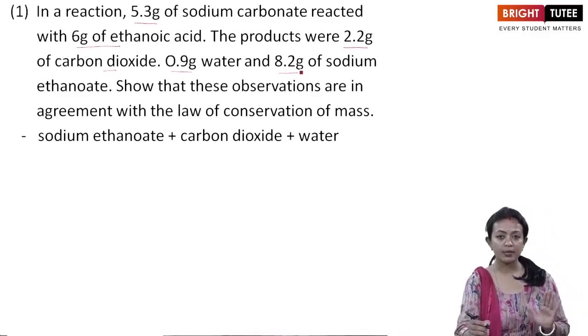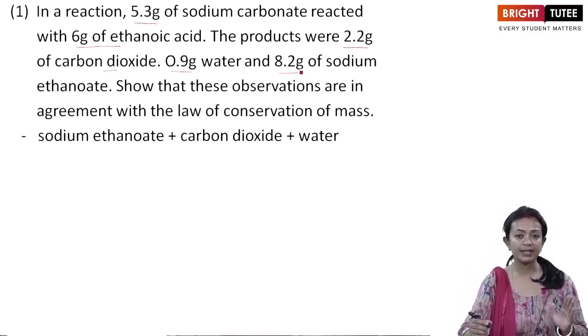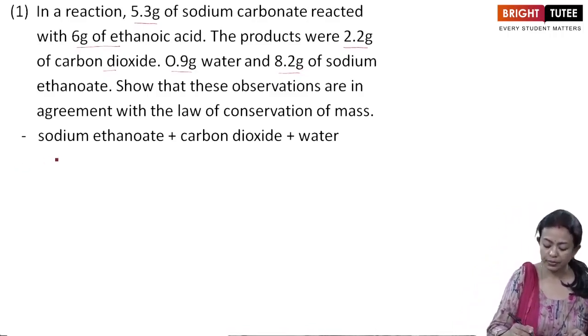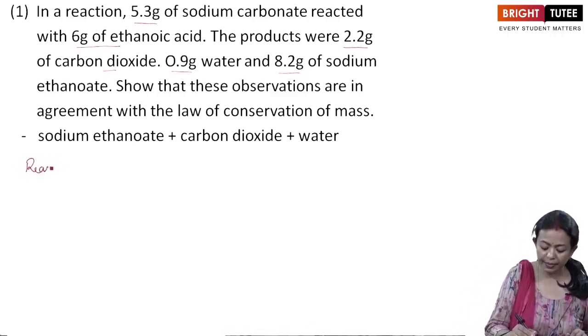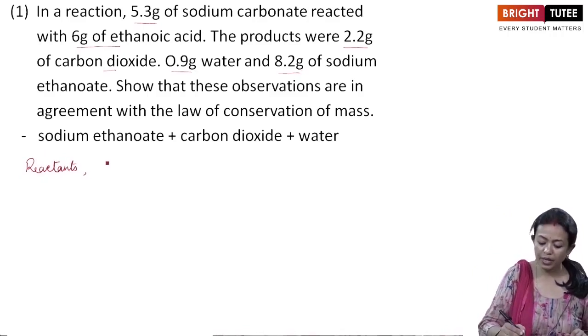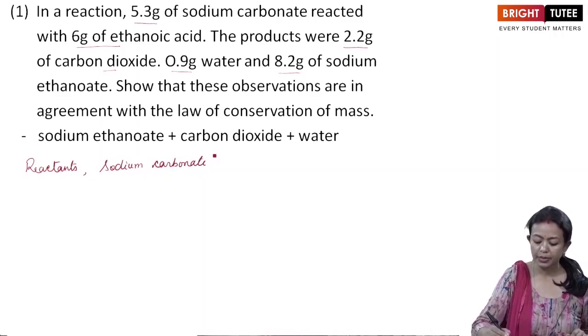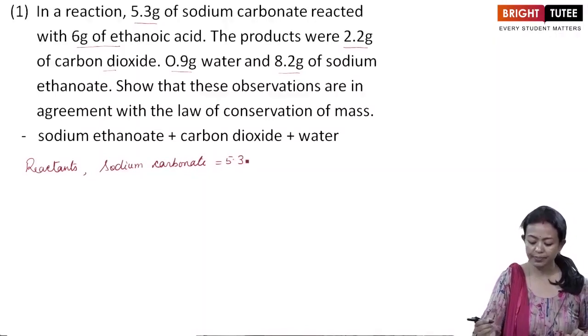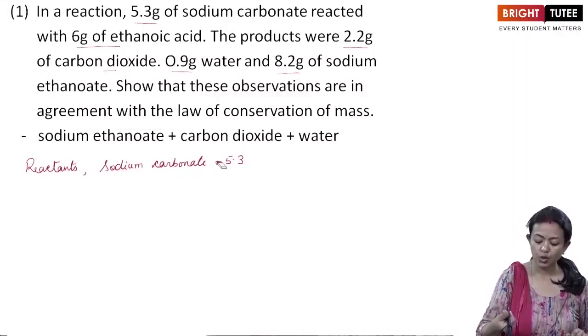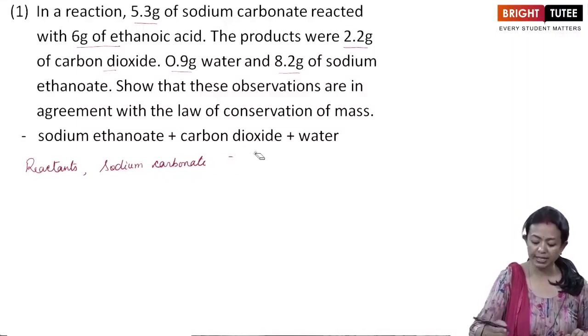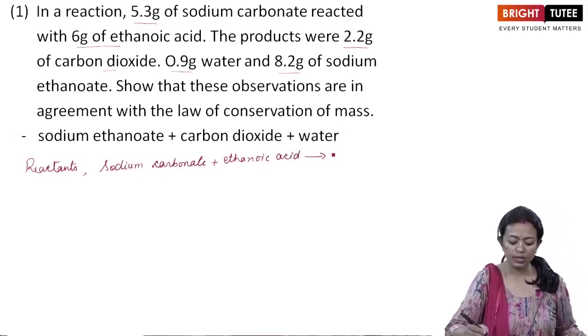Now, let us try to identify the reactants and the products. What are the reactants? The reactants are sodium carbonate, which is equal to 5.3, reacting with ethanoic acid to form, what is the product?